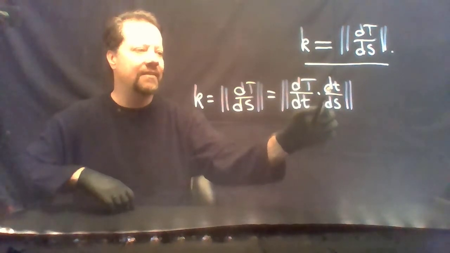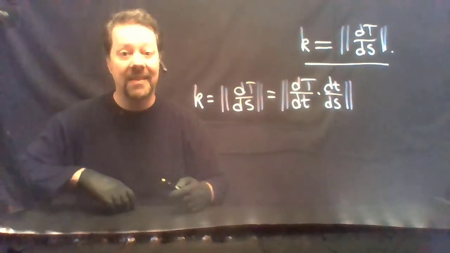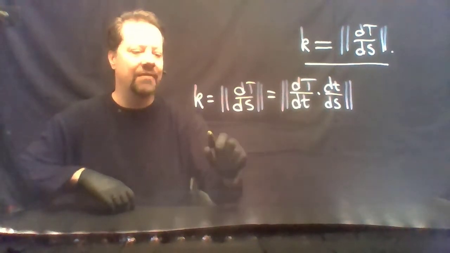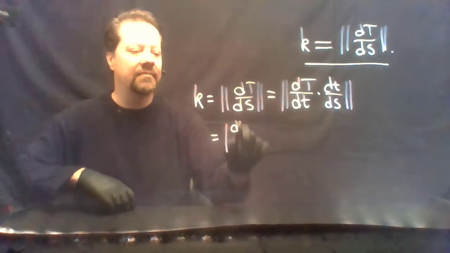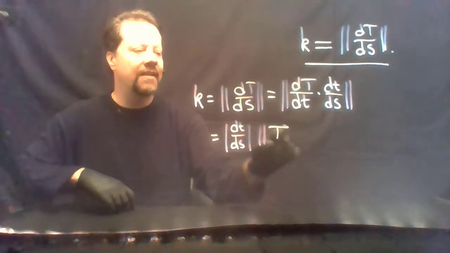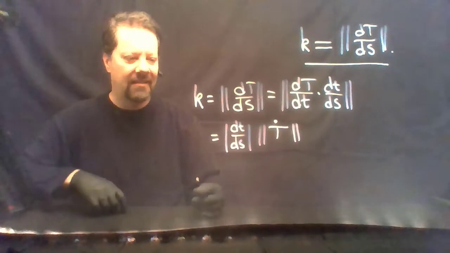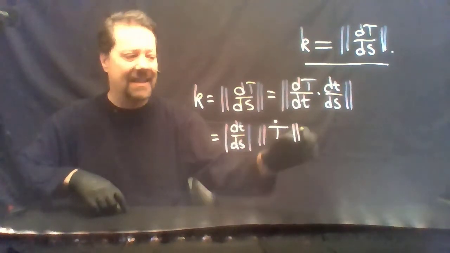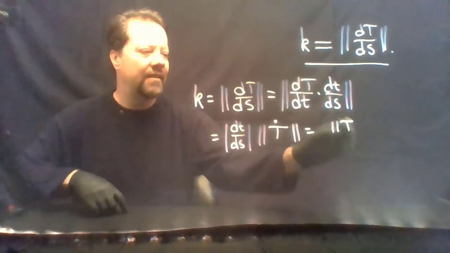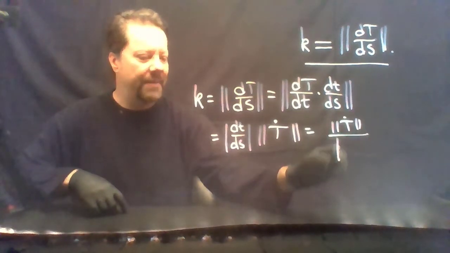What's next to it, dt ds, is scalar. It can come out in absolute value. What's left over on the inside is just a T dot. Now, the dt ds might look a little better if we flip it down.